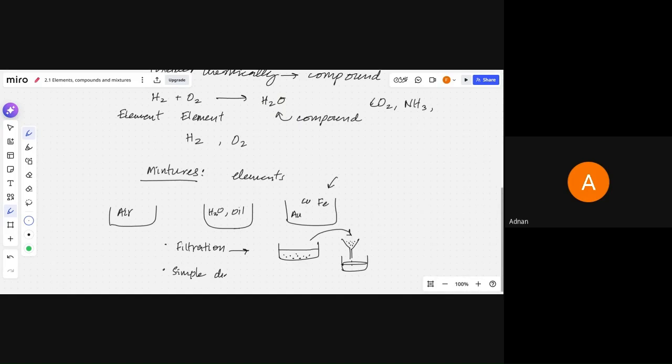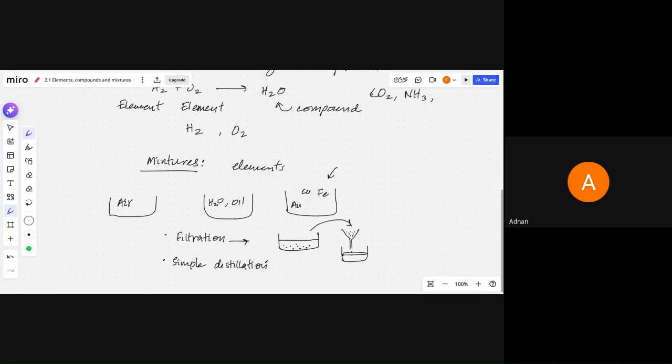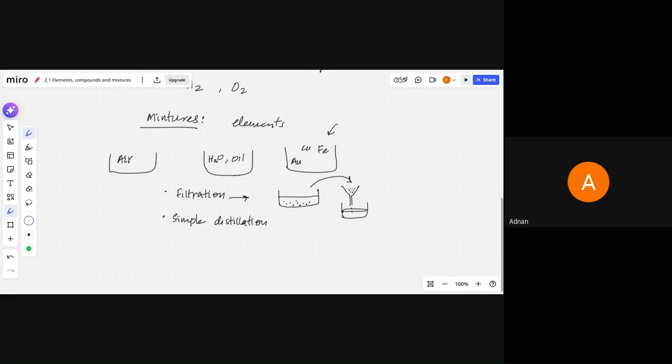Simple distillation. So what is simple distillation? In simple distillation, we use a condenser. It is used to separate two liquids mostly.